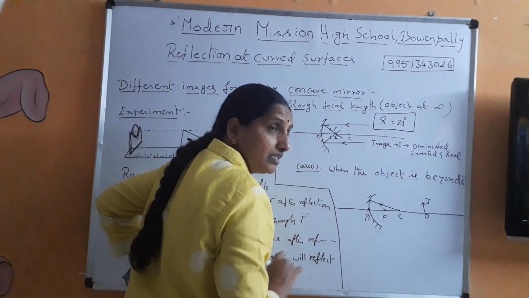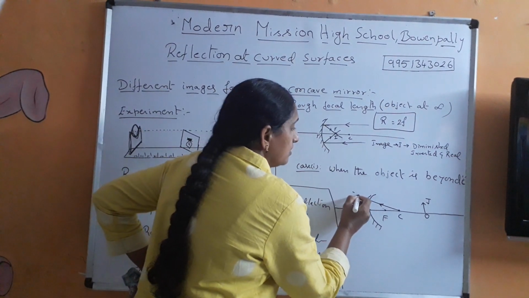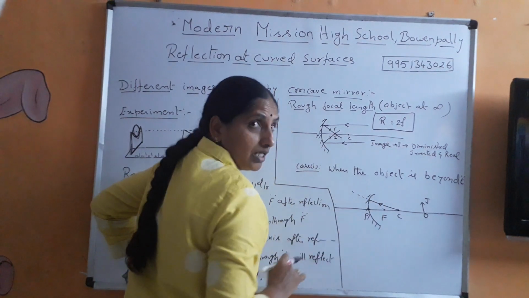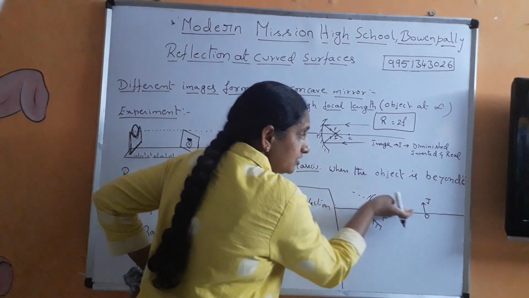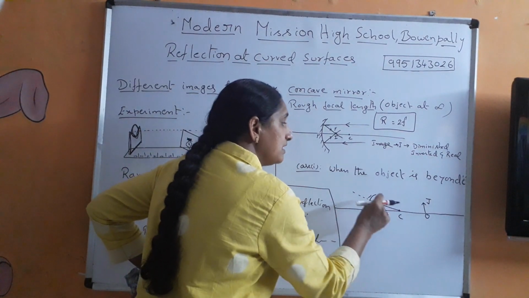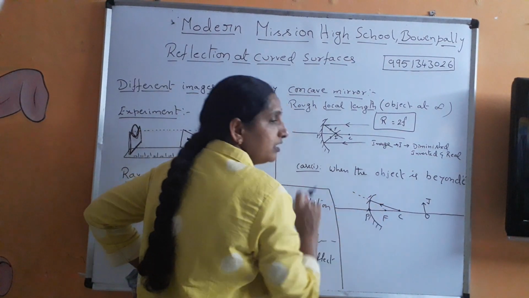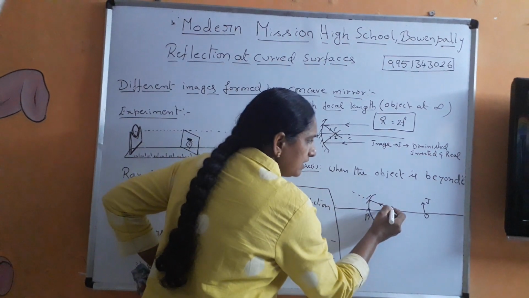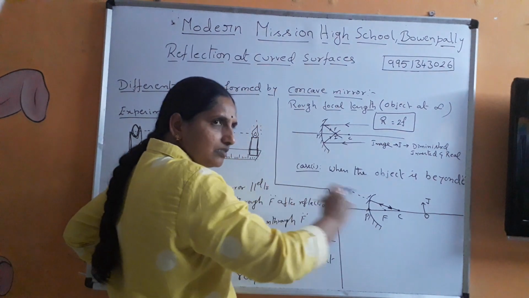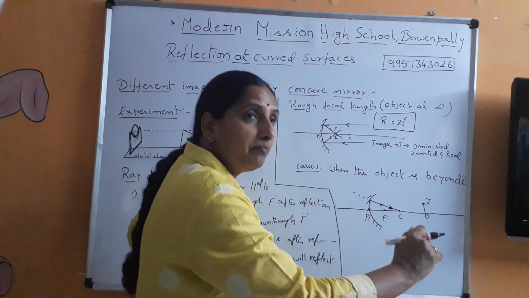In which direction is it incident, my dear? Children, in the direction of the normal. Is it not? Because the normal always passes through the center of curvature. So when the ray is incident along the normal, it reflects back along the same path. It reflects back along the same path.